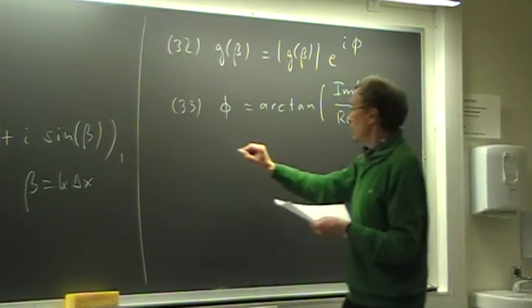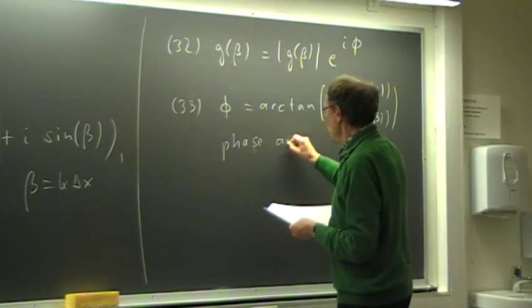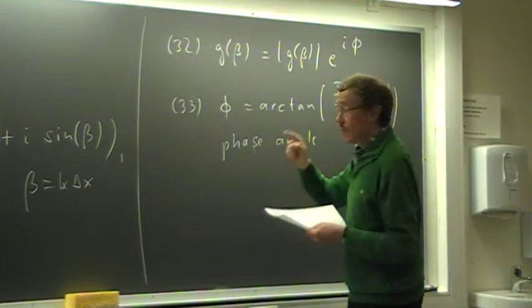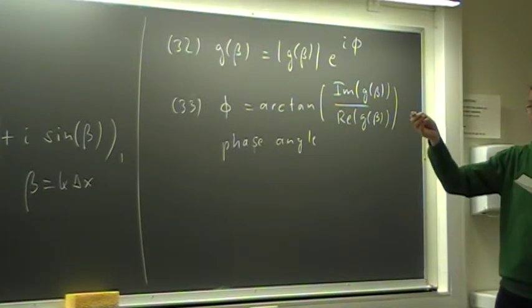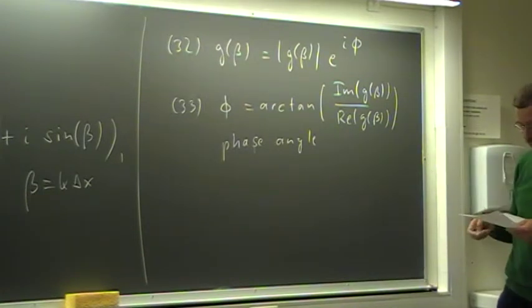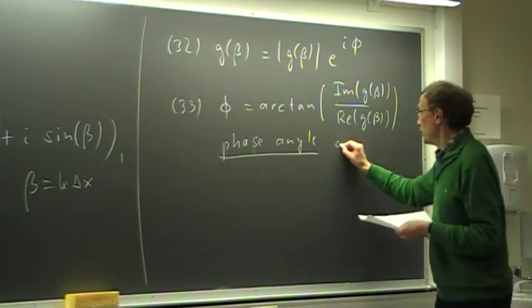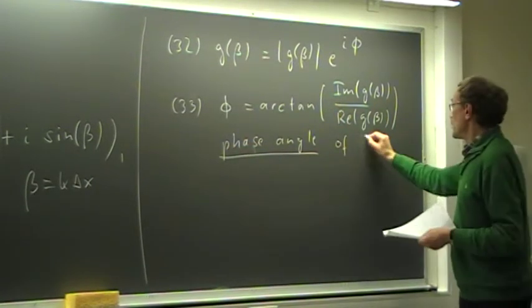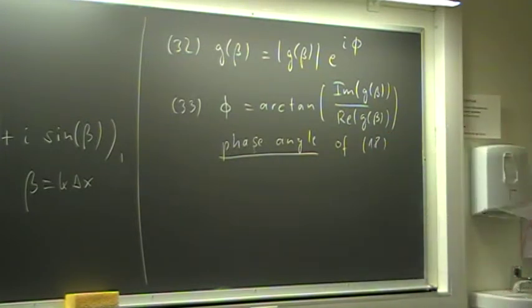So that is what we call the phase angle of our amplification factor of the numerical method. What we are discussing is the explicit upwind method. So that is the phase angle of our method, so of 18, of our method.